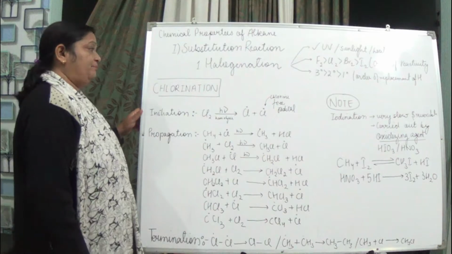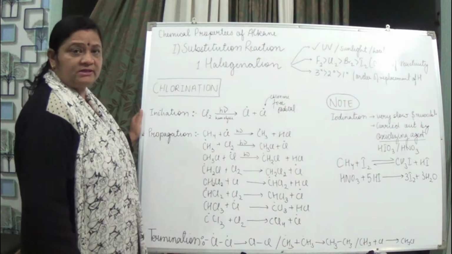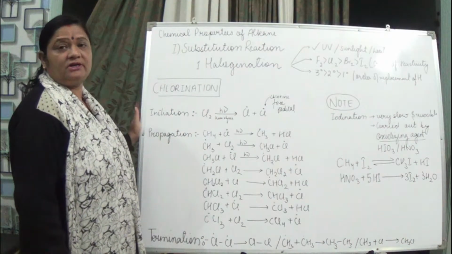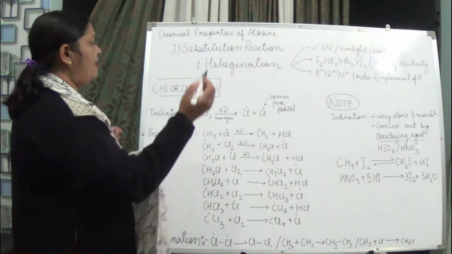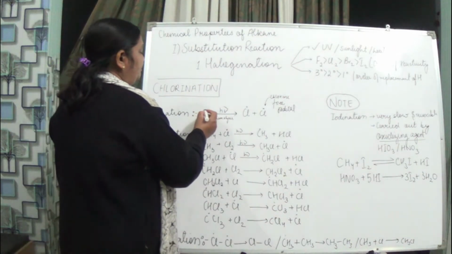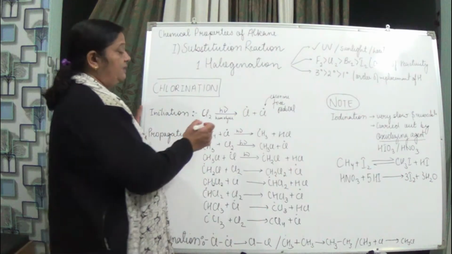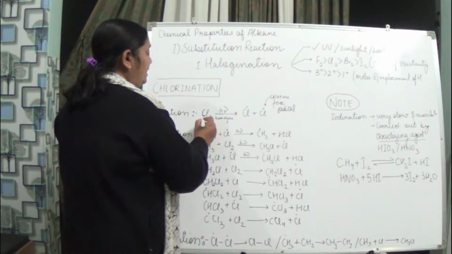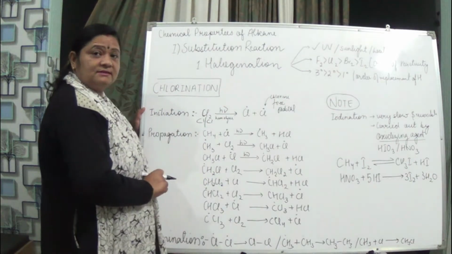Now we will see the reaction mechanism with the example of chlorination, how this substitution reaction takes place. First of all we have chlorine, Cl2. In the presence of ultraviolet rays, it will break, and here homolysis takes place.